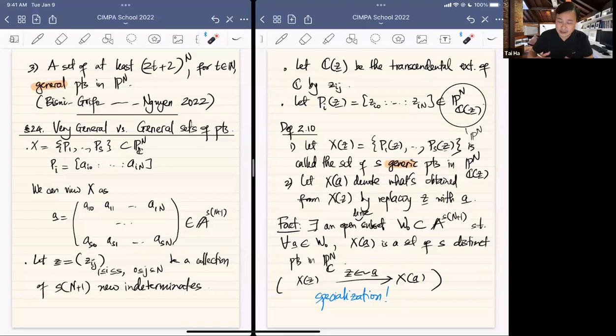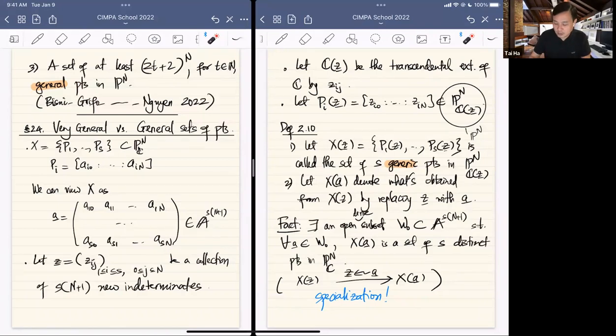So what this is saying is that you have a set of distinct generic points in this bigger space. When you specialize, you almost always get a set of distinct points downstairs, but not always. The technique of specialization is this: you want to prove some statement that holds almost always.